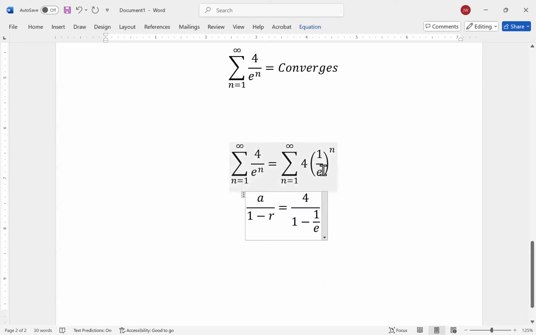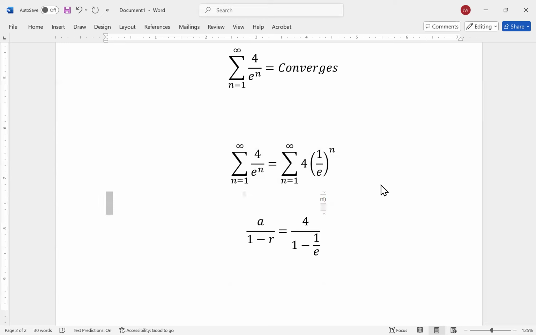By the way, I know it converges because 1 over e is less than 1. e is bigger than 2. It's about 2.71828. So that's less than 1, so I know the series converges.